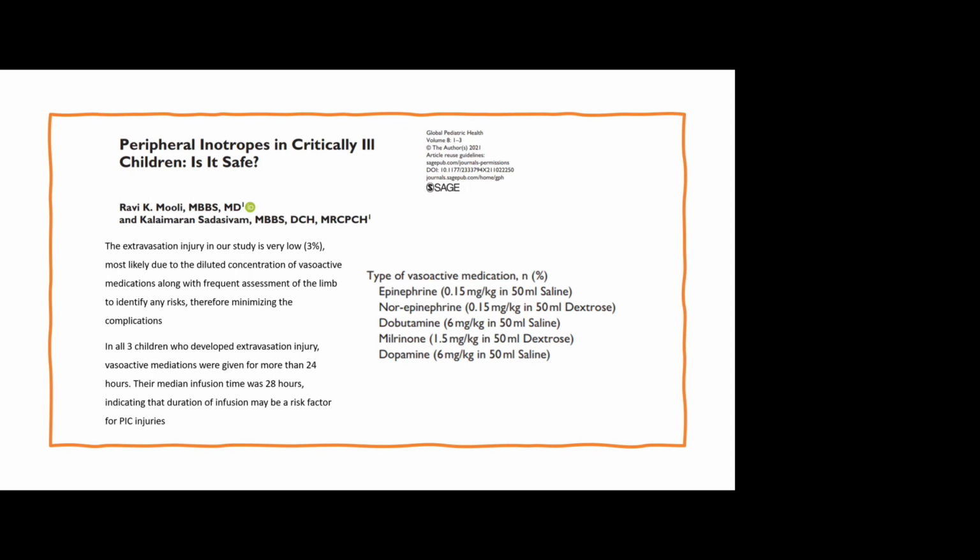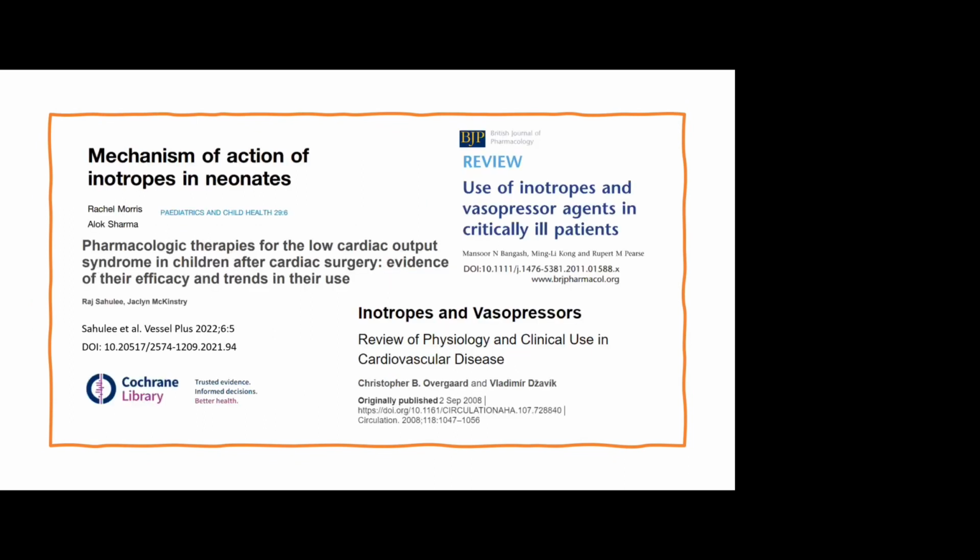Once the procedure is done, you decide whether there is a need for continuing inotropic support. If that is the case, then a central line is inserted. If not, then you just disconnect the inotrope. These are all the studies and the literature which I looked at while preparing for this talk.